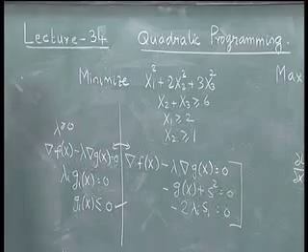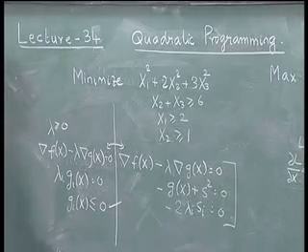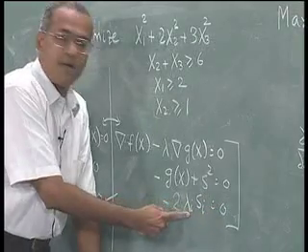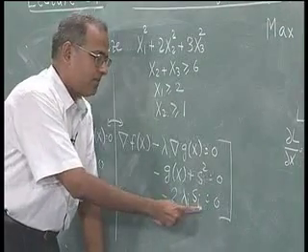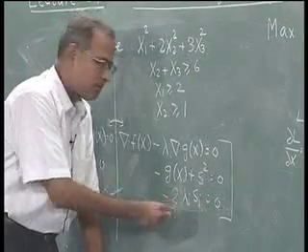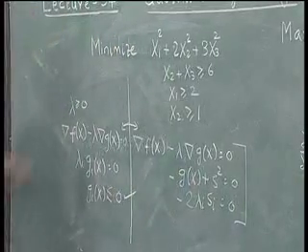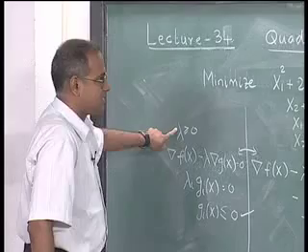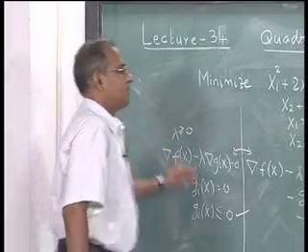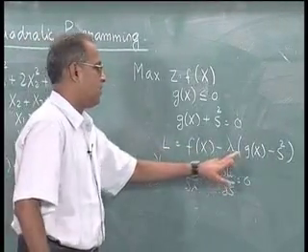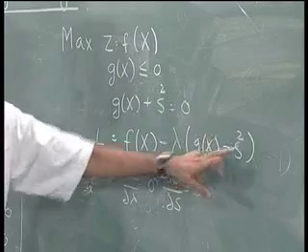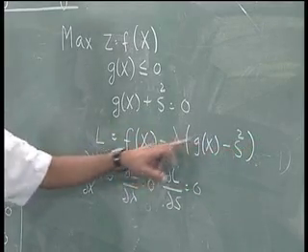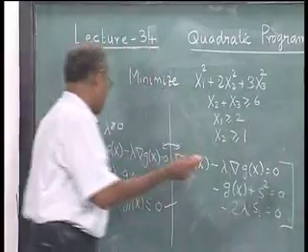So, the only other thing that we have actually left out is lambda. So, this would tell us either lambda is equal to 0 or s I equal to 0 or both equal to 0. So, this is lambda greater than or equal to 0. So, when lambda is greater than 0 strictly, then g of x is equal to 0, and when lambda is 0, then g of x is less than or equal to 0.